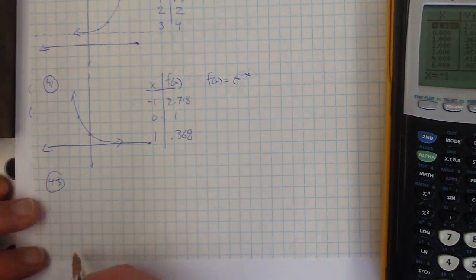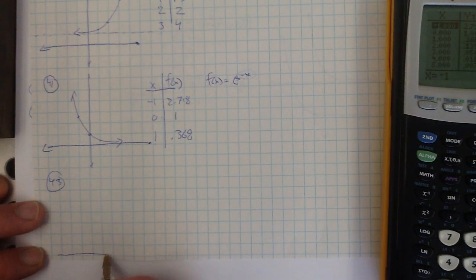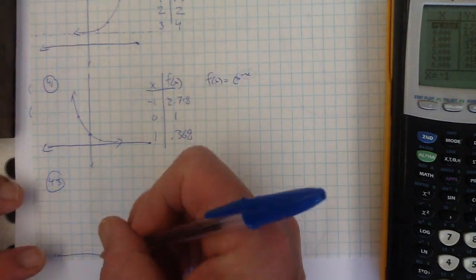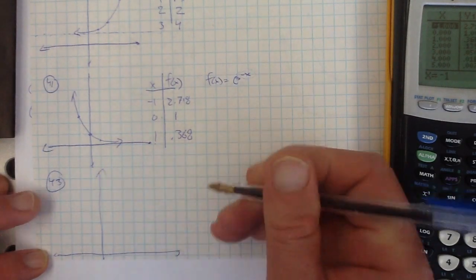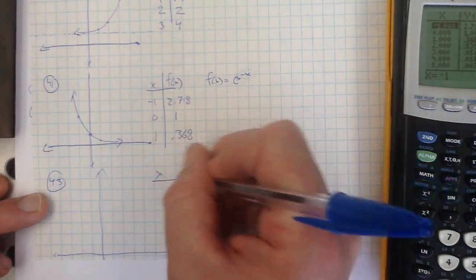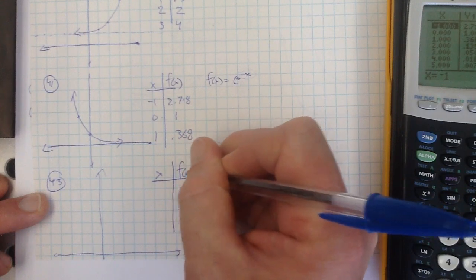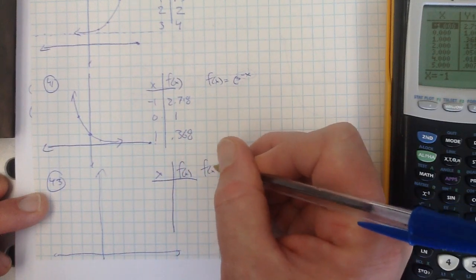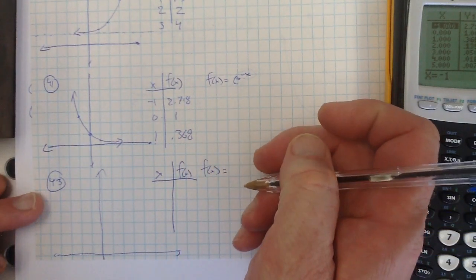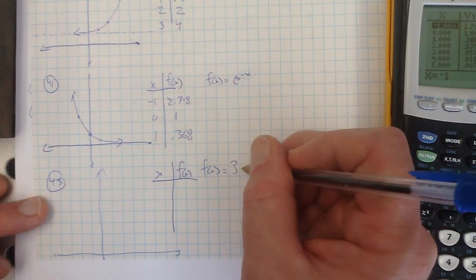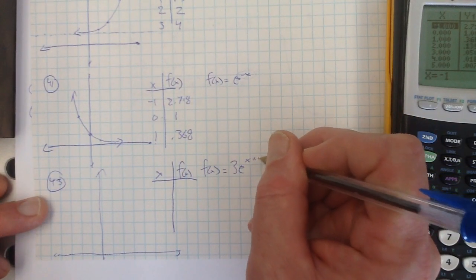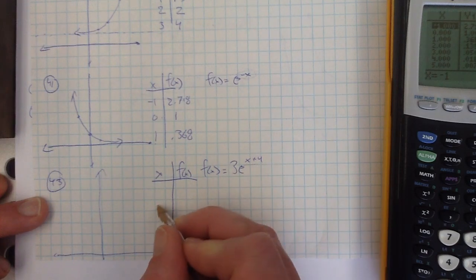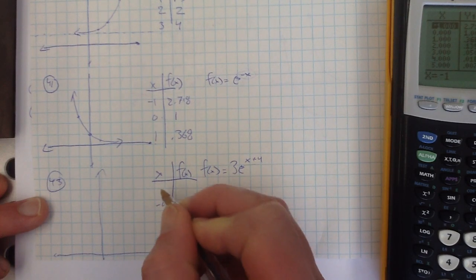Let's see. So, got f of x equal to 3e to the x plus 4. So negative 4 should be the middle thing in my table.